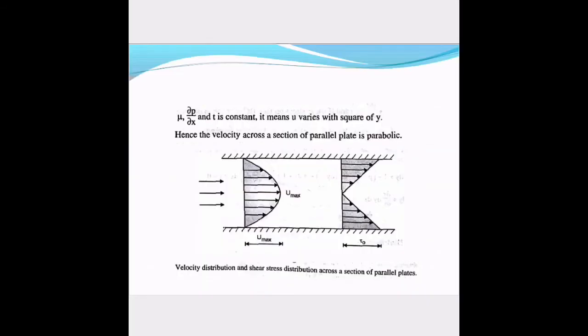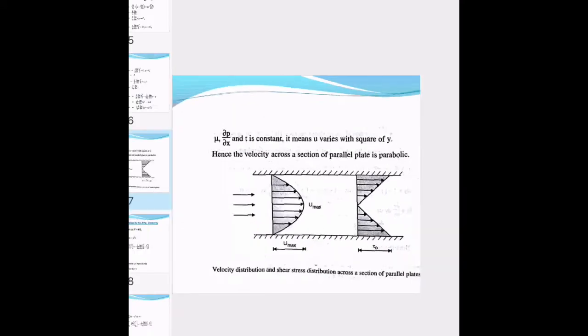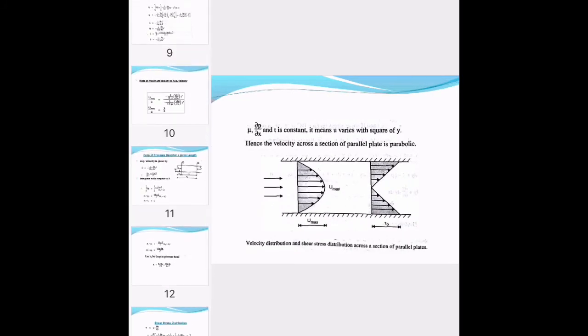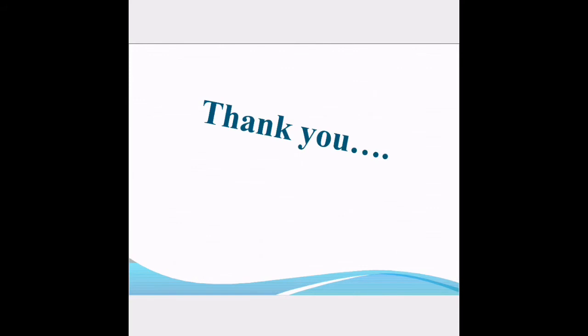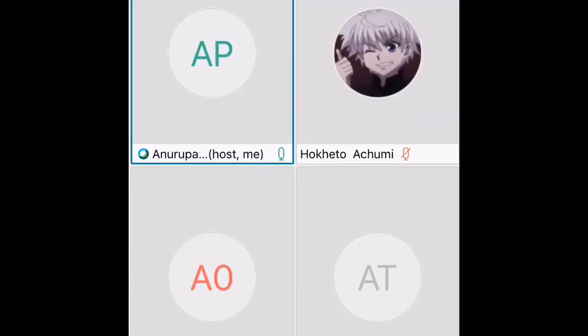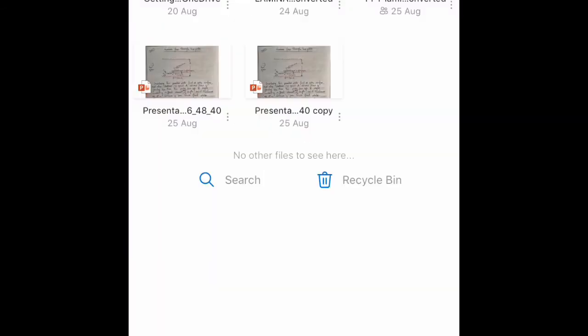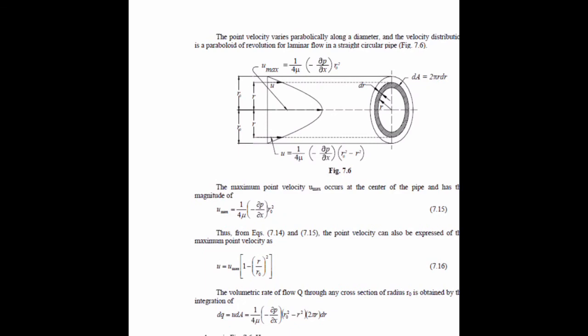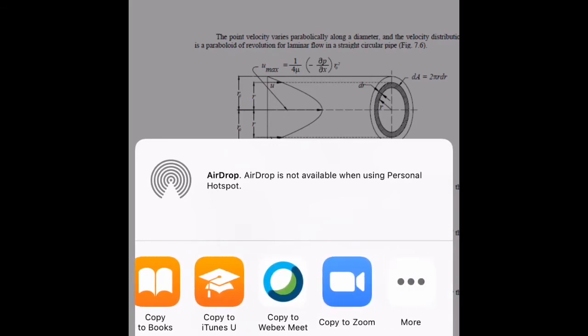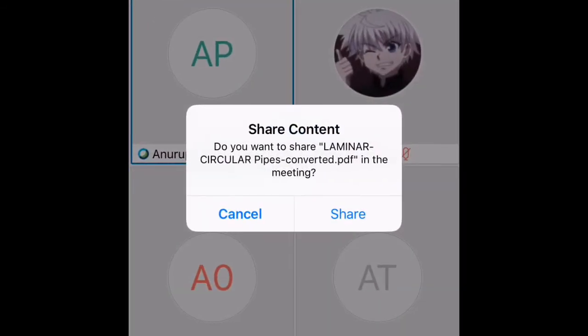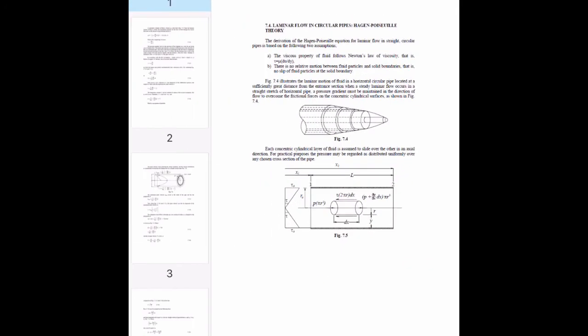So let's move to the next topic. In this topic we have discussed 4 basic criteria; we have derived equations for 4 different parameters. Now let me move to the next topic, and that is viscous flow, that means laminar flow through a circular pipe.